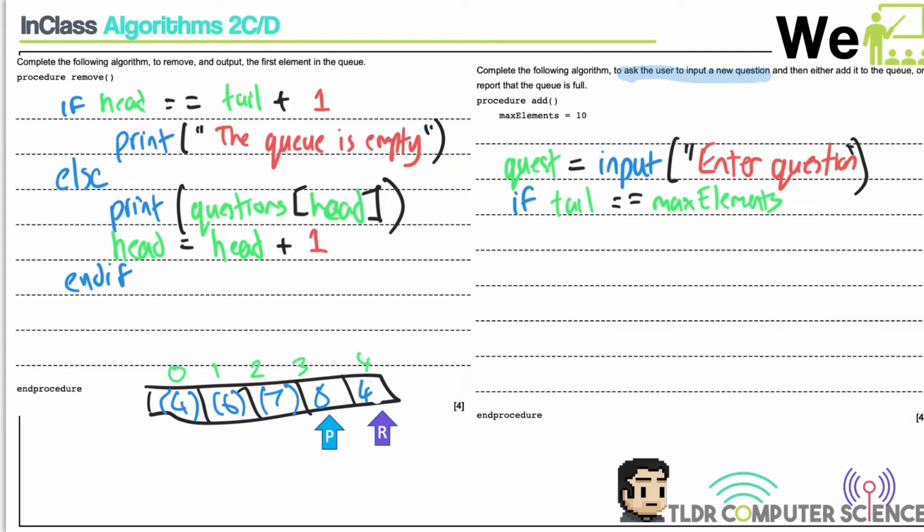So I'm full when tail is equal to the max elements, so 5 minus 1. What should I say? That's full, that is. Print, I could print the queue is full. I'm going to do that.